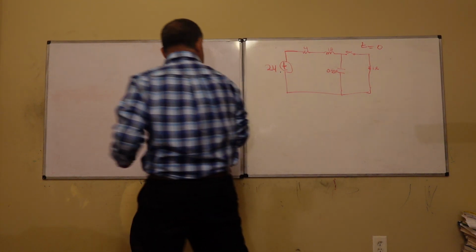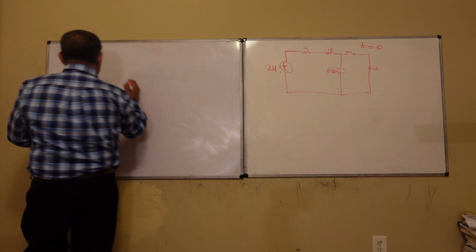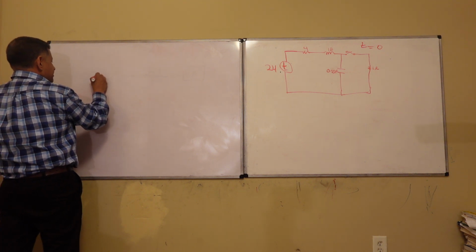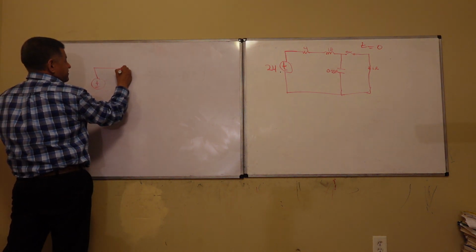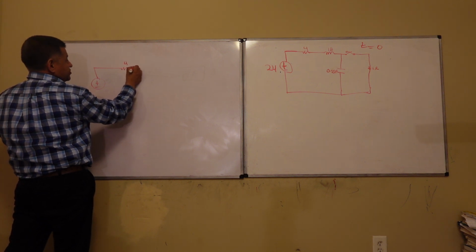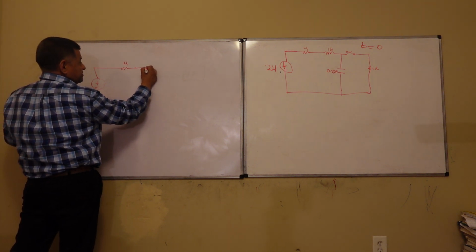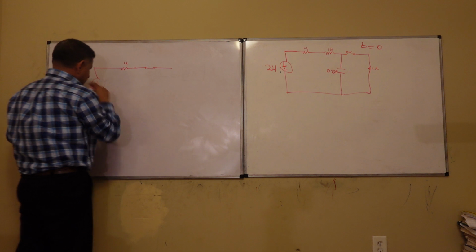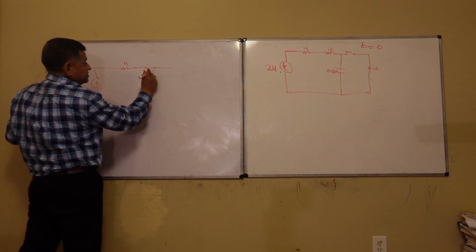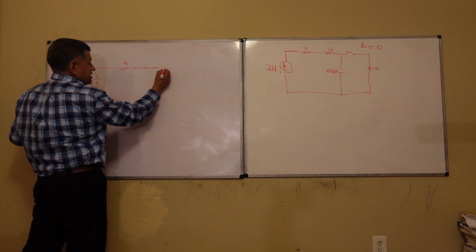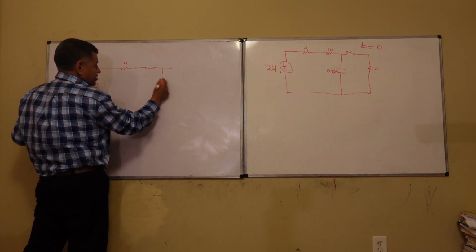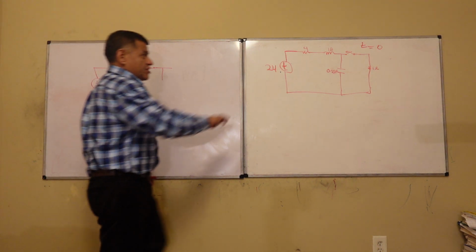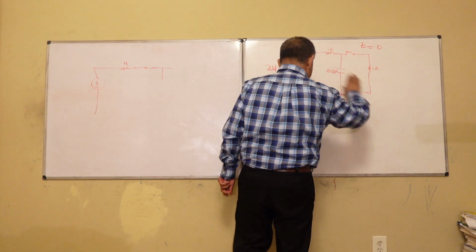I can rewrite the circuit, just to have a better understanding. We can say, okay, this is a 4 ohm resistor, and the inductor becomes a short circuit, and the capacitor, because t is equal to 0 at that point, means that this has been closed for a long time, so it doesn't even count.